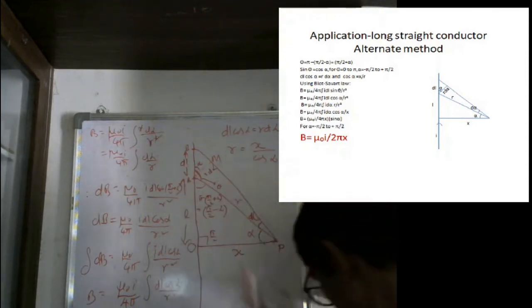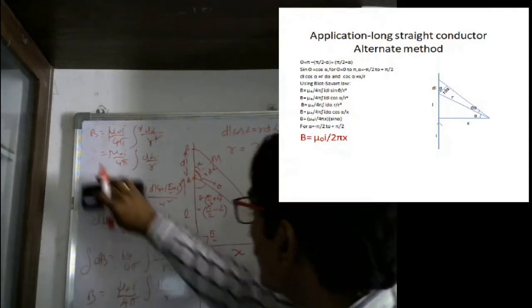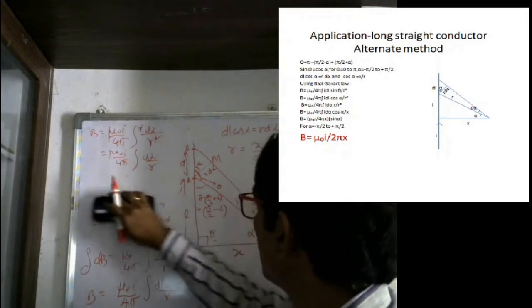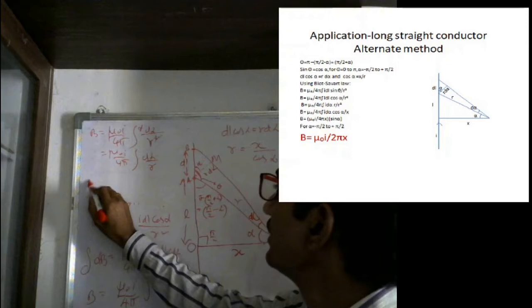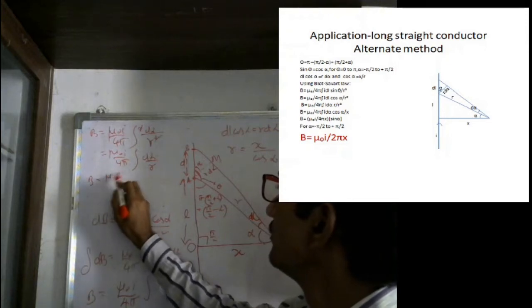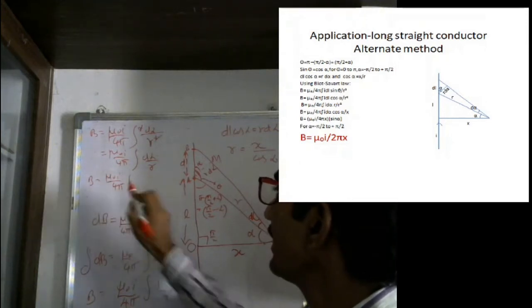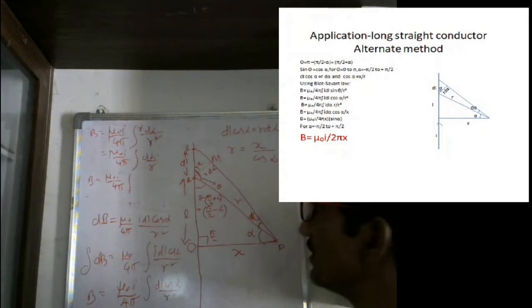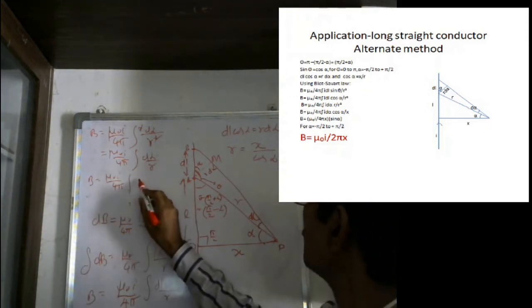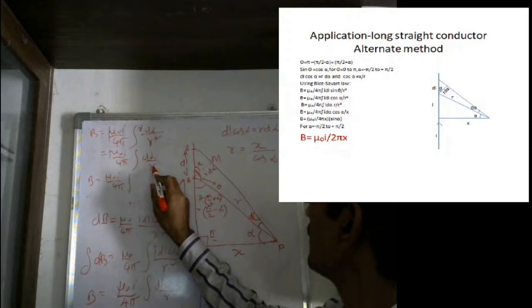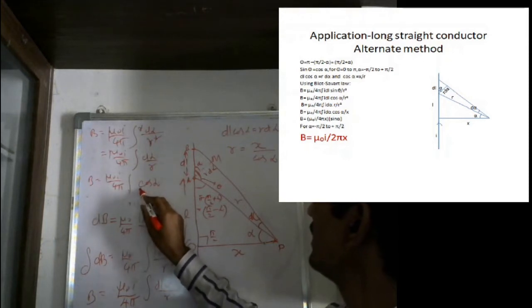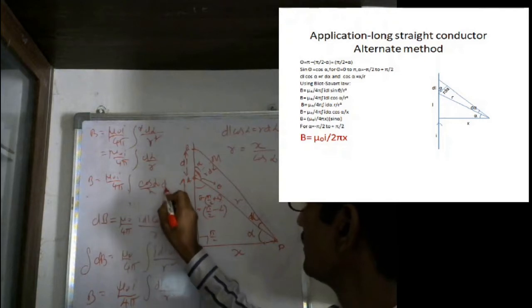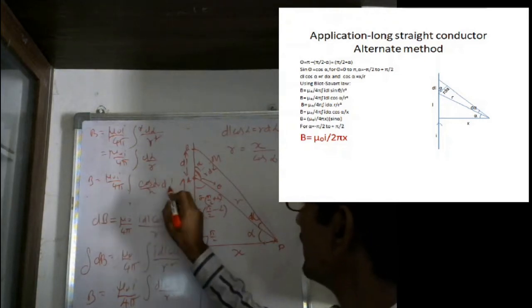Substituting r, you get B equal to mu naught I by 4 pi, integral of cos alpha by x d alpha.